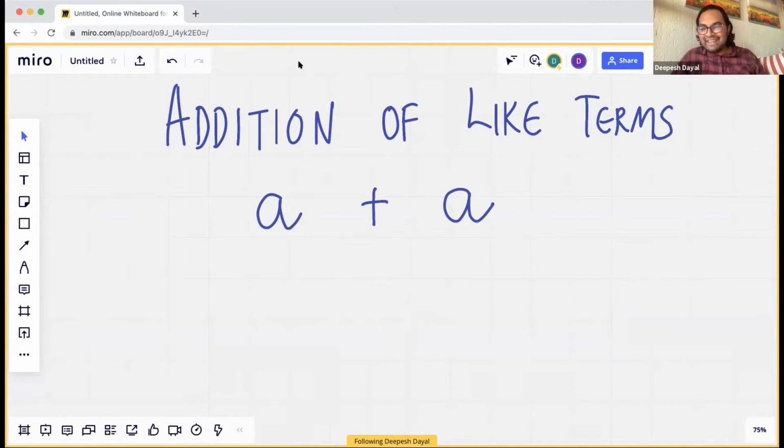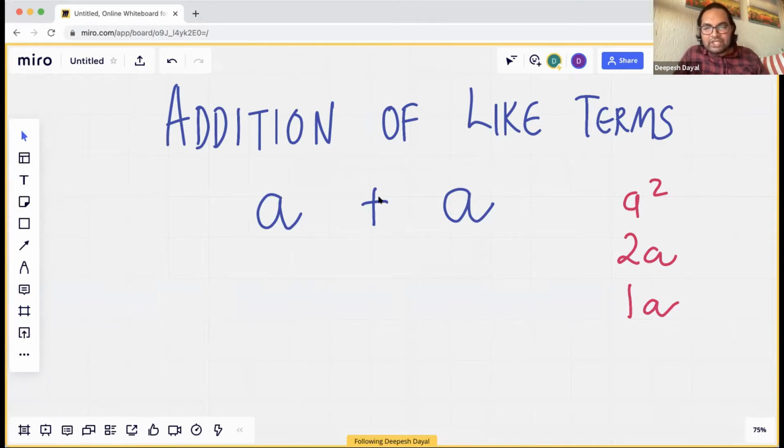A squared. Let me write them down actually, and then we can see. So we've got A squared, 2A, and 1A. What do others think? Let's have a look in the chat. What is A plus A? Some of you are very quiet.